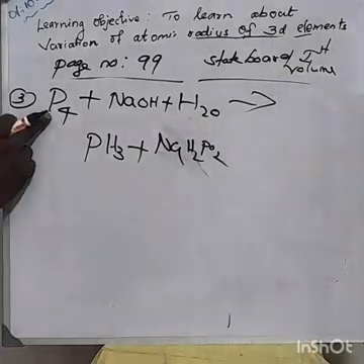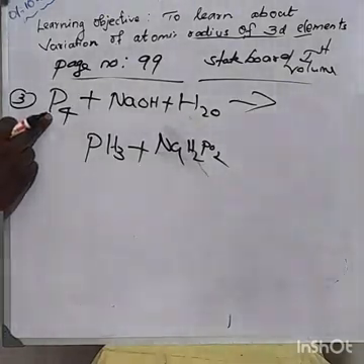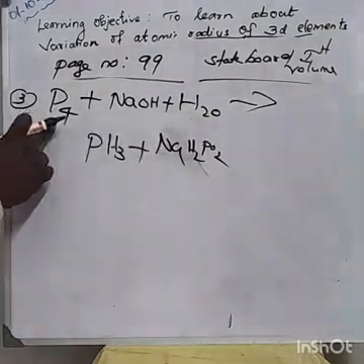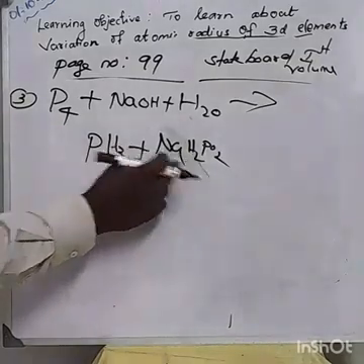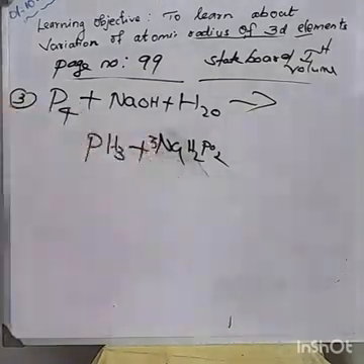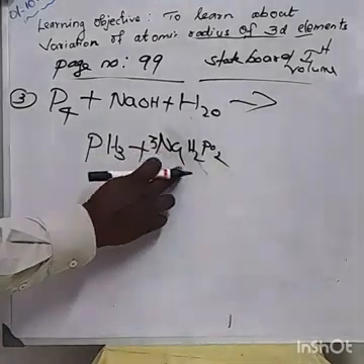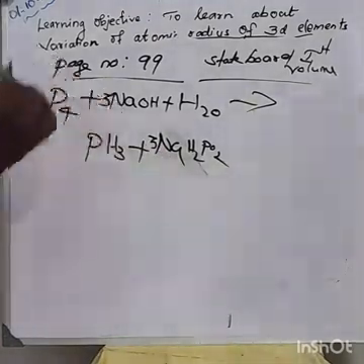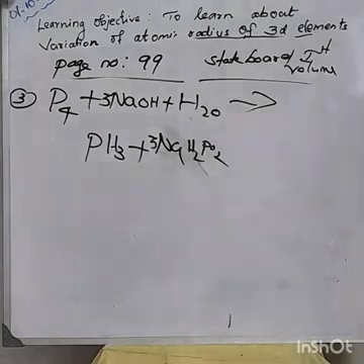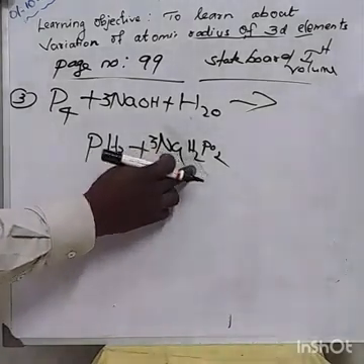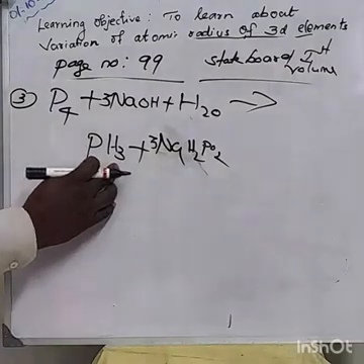How can you balance the equation? Listen to all of you here. Here having 4 phosphorus, here having 2 phosphorus. So make it here 3. So phosphorus is balanced. How much sodium is there? 3 sodium. Make it 3 here. Then what about the hydrogen? 3 into 2 is equal to 6. 6 plus 3 is equal to 9.